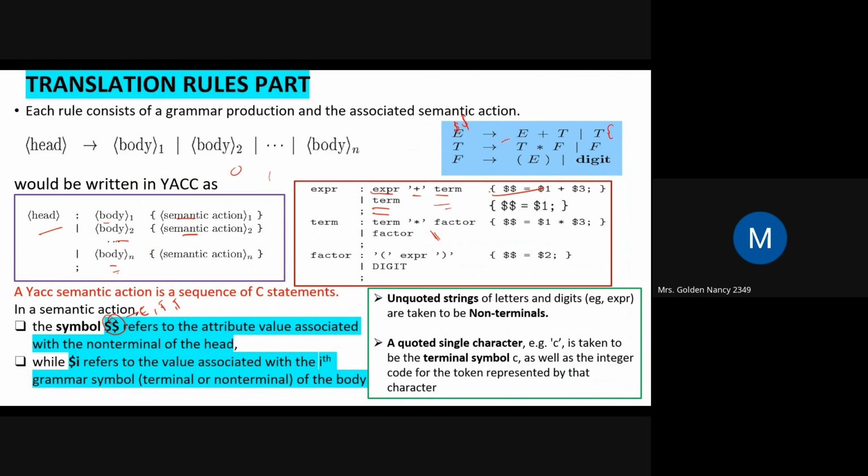If you are specifying a non-terminal on the right hand side, you have to specify the dollar and its position. This is at the first position, so it is $1. T is a non-terminal, so you specify dollar with its position: this is 1, this is 2, this is 3. Likewise you have to specify. That is what is given here.